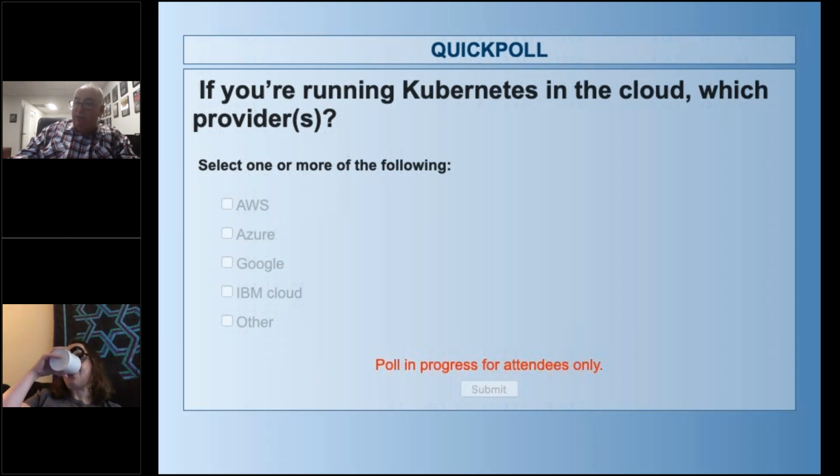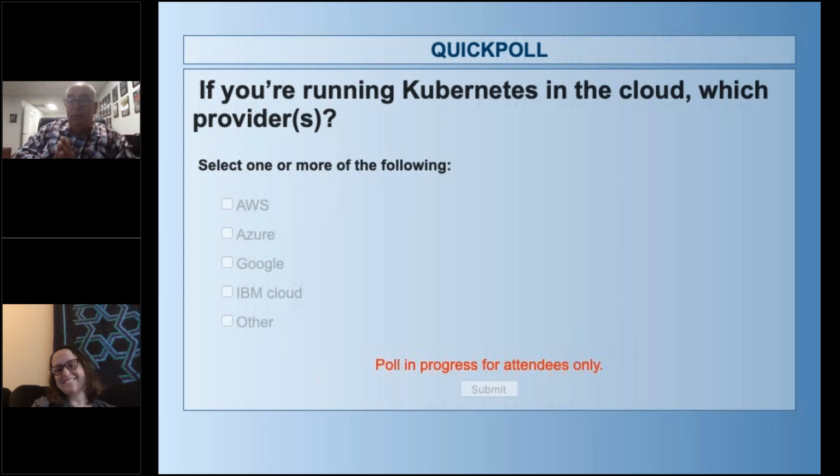It's fairly straightforward, guys. Give us some quick votes. We're going to close this one off in 5 seconds, so pick one or forever hold your peace. 5, 4, 3, 2, 1. I'm closing the poll.